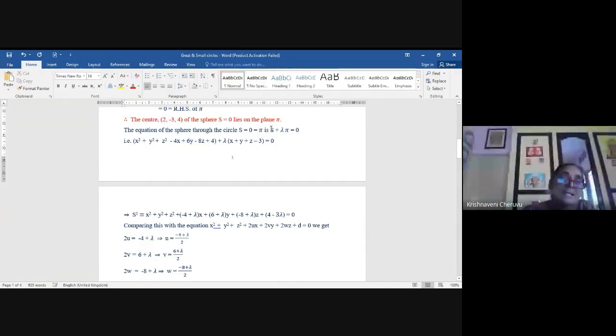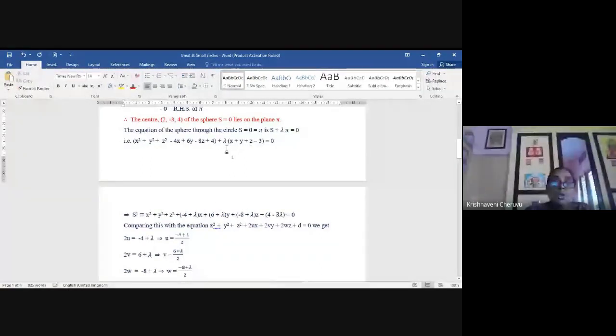Now I'm finding out a sphere denoted by S dash, which passes through the given circle, and the given circle is the intersection of a sphere and a plane. Your idea now is to find out a sphere passing through the given circle, so now you have to find out λ.